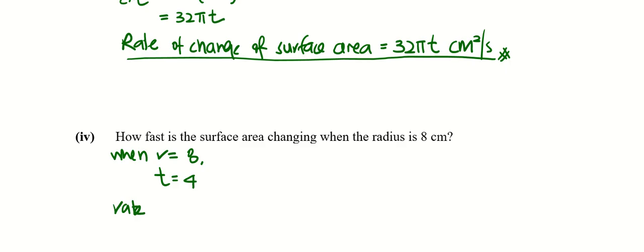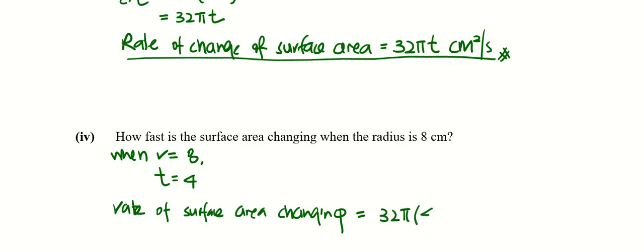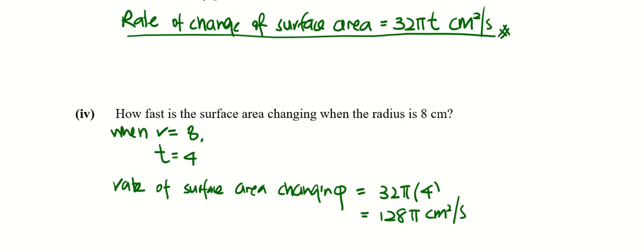So the rate of surface area changing will be equal to 32 pi, and then the time is 4. Just plug in the 4, and you have 128 pi cm squared per second. Rather long example, but you notice the repetitive pattern. So if you can, just skip a few of the steps.